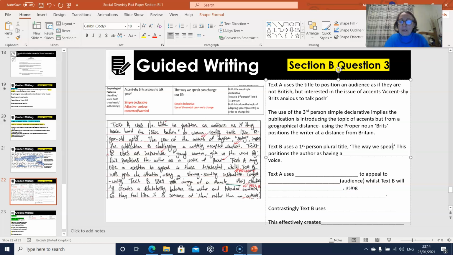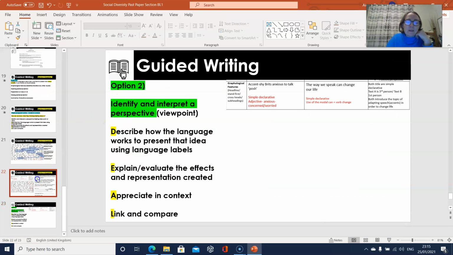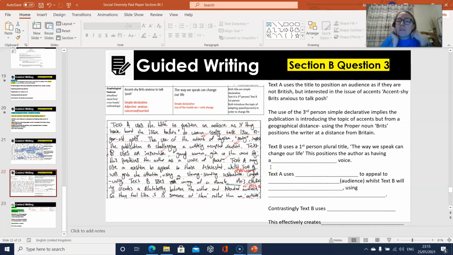The way we speak can change our life. So we've got the way we speak. Now we could have actually said a bit more detail, the use of the first person complex declarative. I'm just going to get that, and that makes it better.